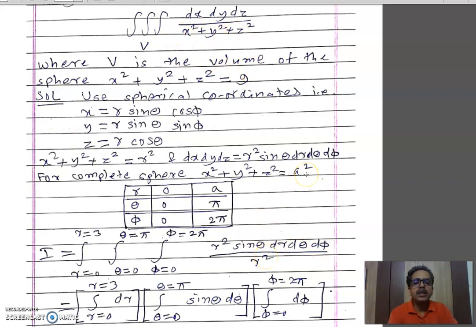Don't take it as 9, because although x square plus y square plus z square equals 9 in the problem, that is for the points on the sphere. But for the volume we must note that x square plus y square plus z square equals r square.